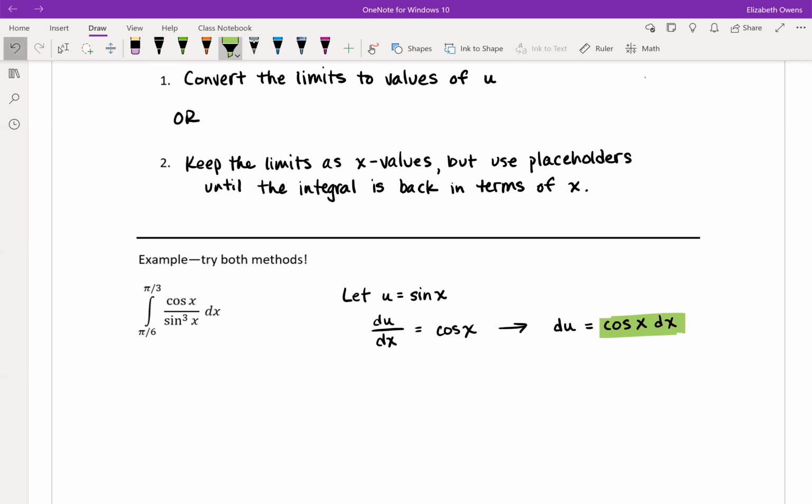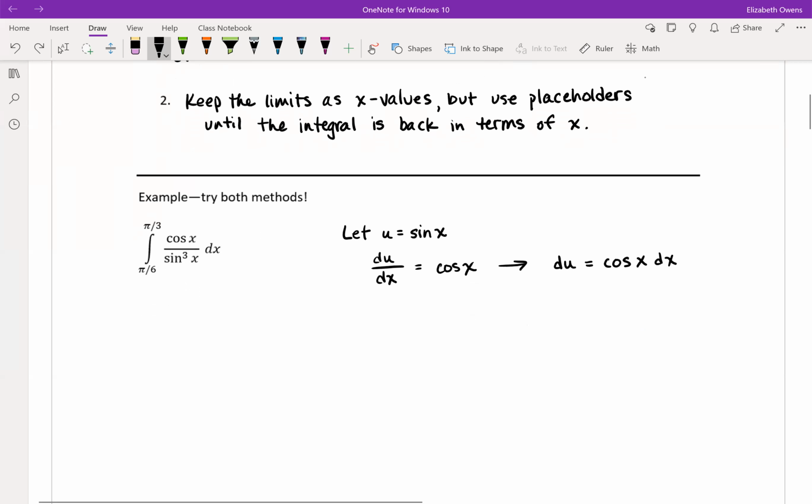That is awesome and a good sign that we're on the right track. That takes care of the stuff inside the integral. If this was an indefinite integral, we'd be good to go at this point. But we have this little issue of limits of integration.